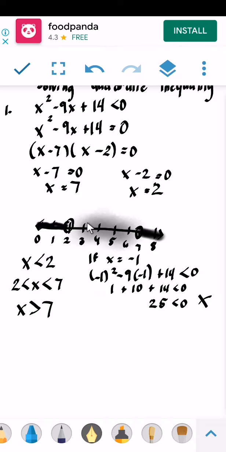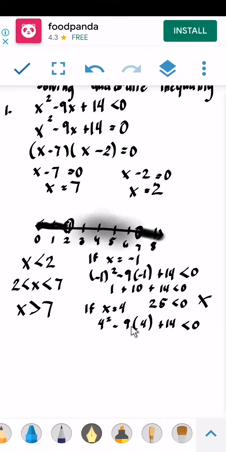Okay, so try naman natin. Baka nasa gitna pala siya. So, ang gagawin mo, pipili ka ng number na nasa gitna. Let's say 4. So, if x is equal to 4, magiging 4 squared minus 9 times 4 plus 14, is that less than 0?